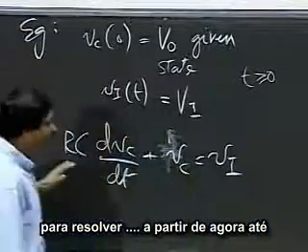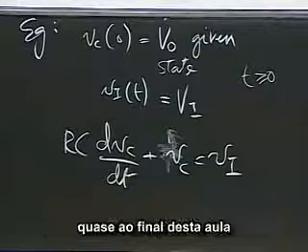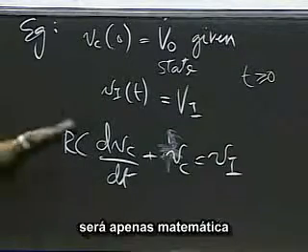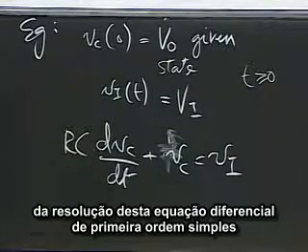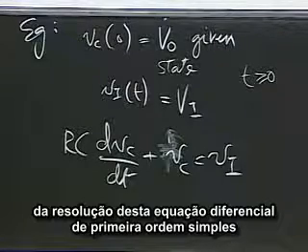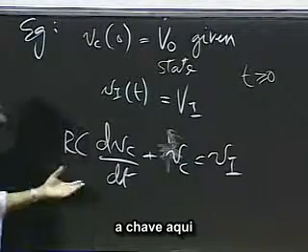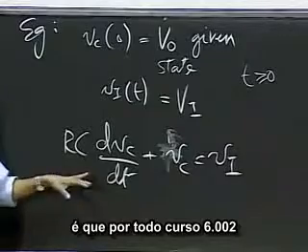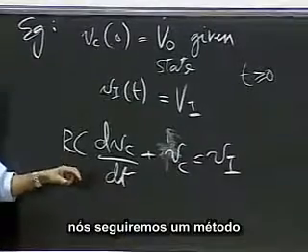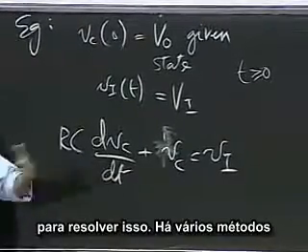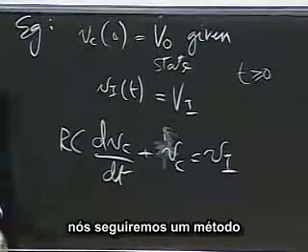So from now on till almost the end of the lecture, it's just going to be math about solving this very simple first-order differential equation. And the key here will be that throughout 6002, we will be following one method to solve these. There are many methods of solving differential equations, and we will follow one method.